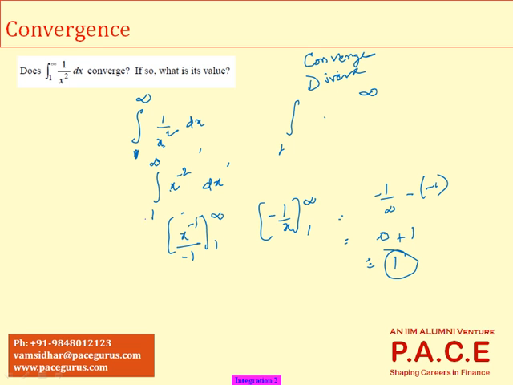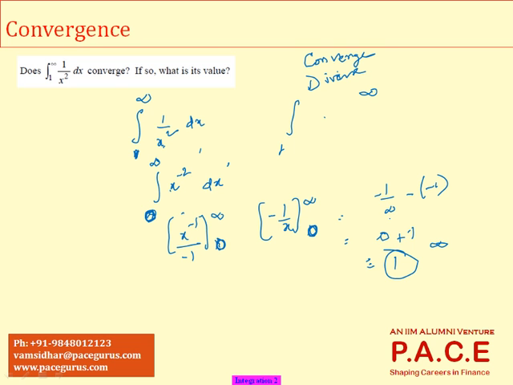Now just imagine in this case itself, instead of 1 to infinite, if the question had been 0 to infinite, you just see here, minus 1 by infinite minus 1 by 0, so it is coming out to infinite almost. So it means 0 to infinite does not converge, but 1 to infinite 1 by x squared is going to converge. So what are we trying to say in terms of converging?